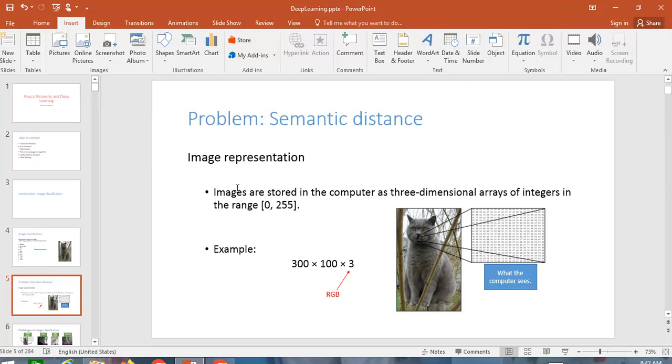In this example, the computer must process 300 by 100 by 3 numbers. Each of these numbers is between 0 and 255.